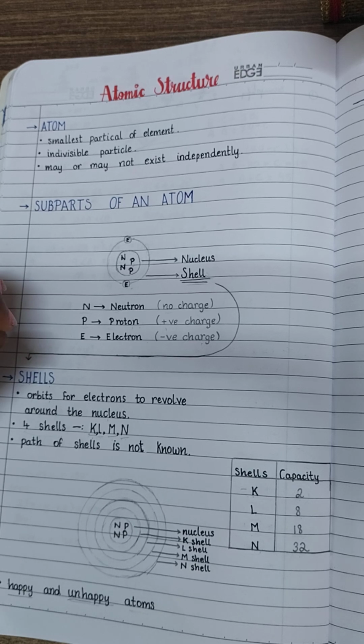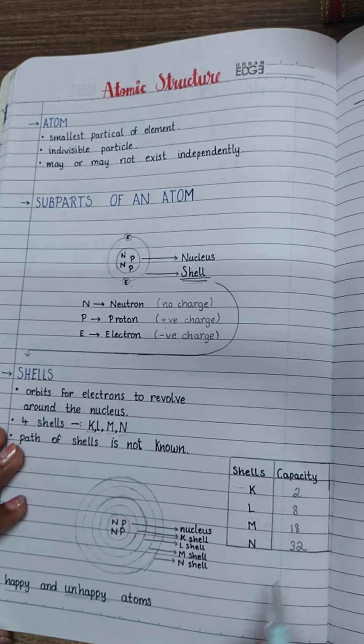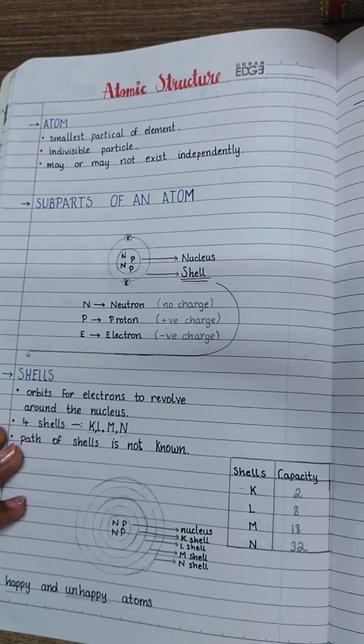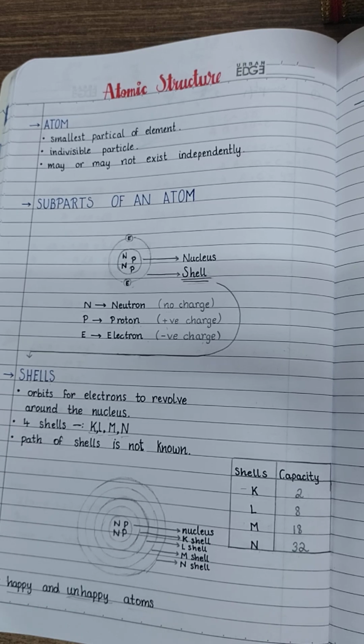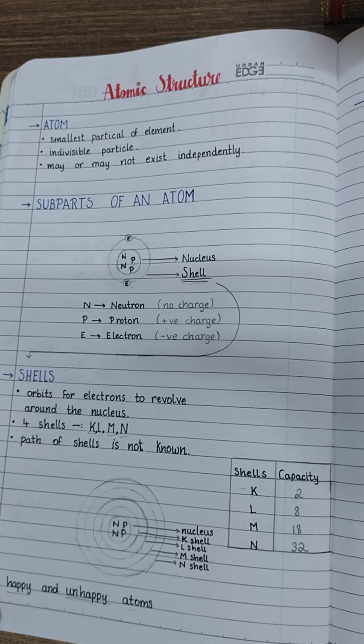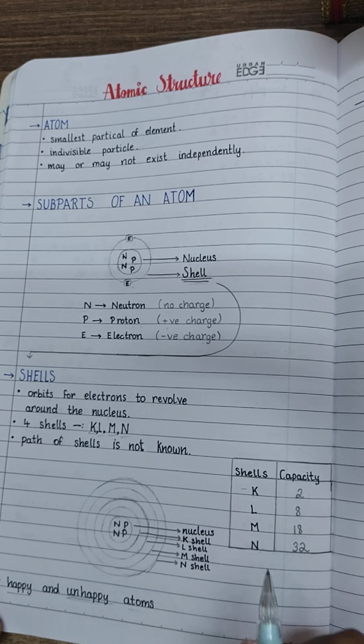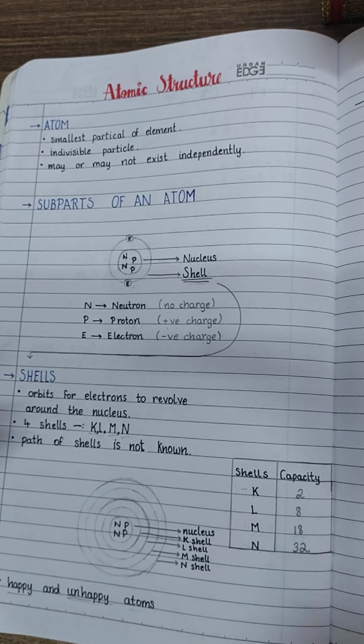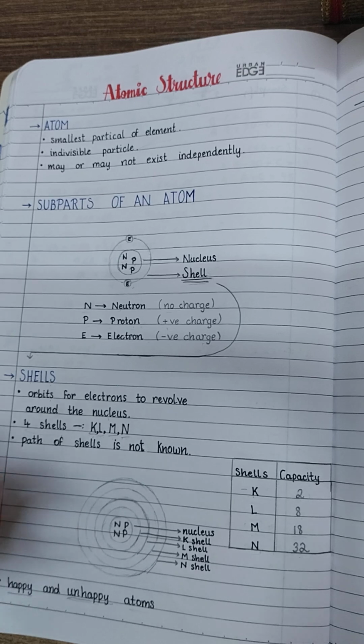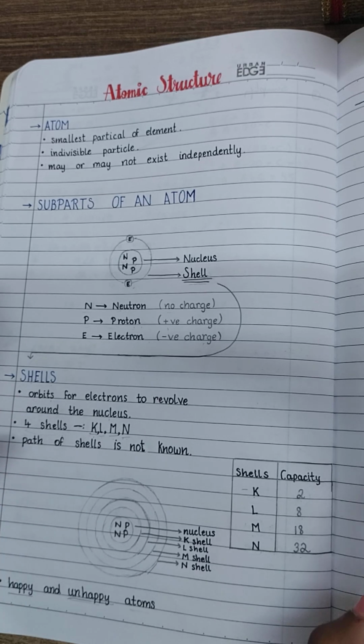Okay, so I would like to link another concept, that is happy and unhappy atoms. This is my own terminology, and I'm going to explain it to you. What are happy and unhappy atoms? In an atom, the last shell's capacity should be 8 electrons, right?